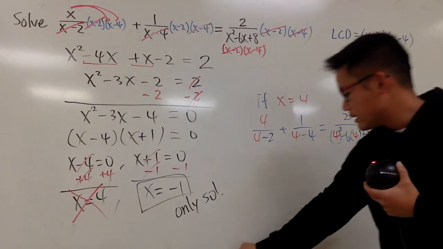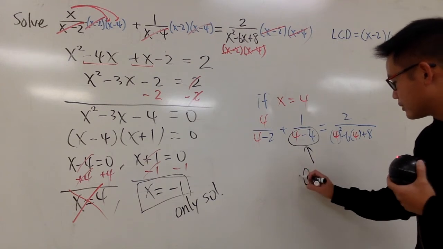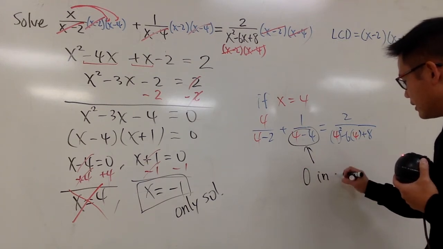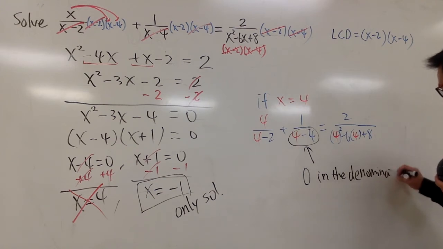Well, the trouble is, right here, we will get a 0 in the denominator. That's why this is no good.